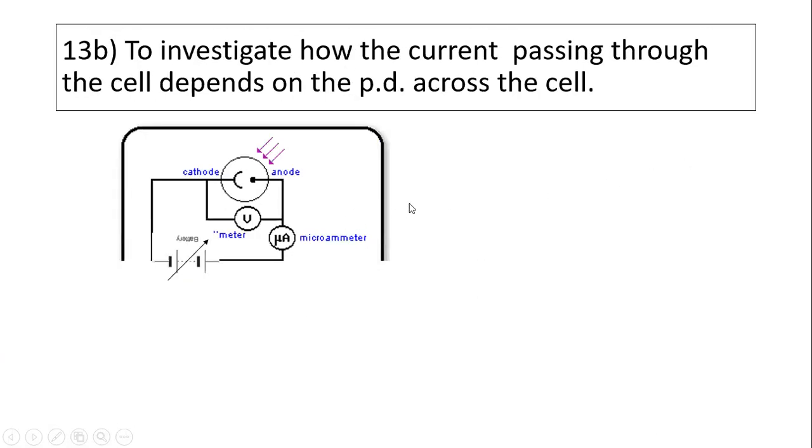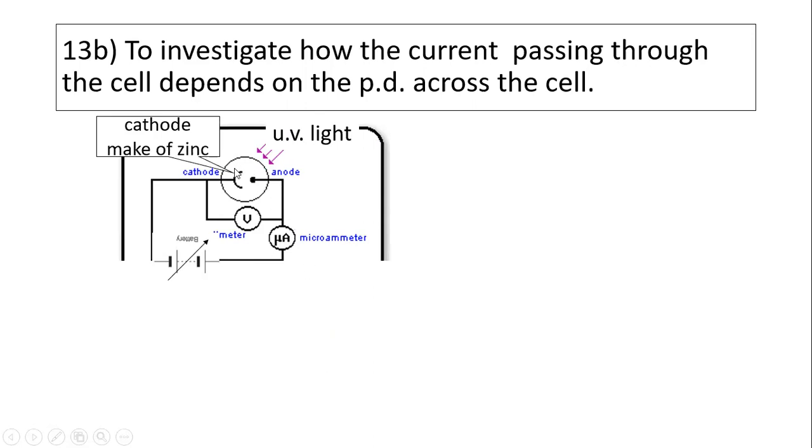Okay, to investigate how the current passing through the cell depends on the PD across the cell. Right, that's the ultraviolet ray coming in. We want to know, if we keep the ultraviolet light constant, same intensity, same wavelength, then we increase the potential, how do the potential and current change?